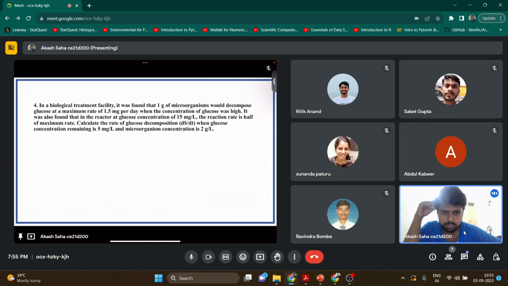Or if you have solved it before, you can send it to me by mail. Okay, it's a very simple problem, but you have to be careful. So please take a screenshot of this problem. We will discuss in the next class. Or whoever is interested, they can send me the answer. I will help them to solve. Okay.